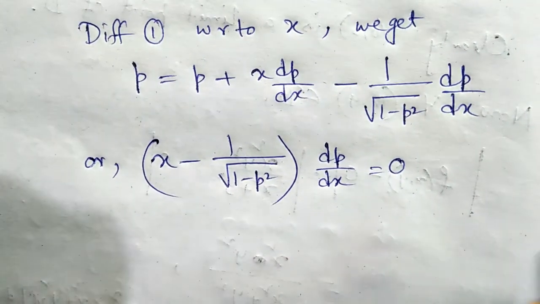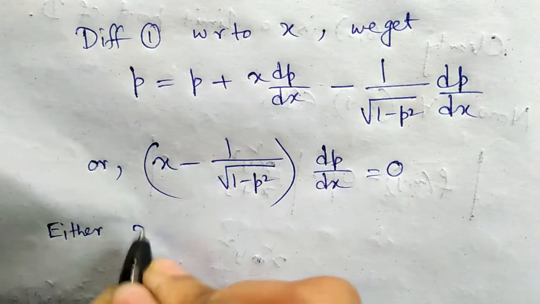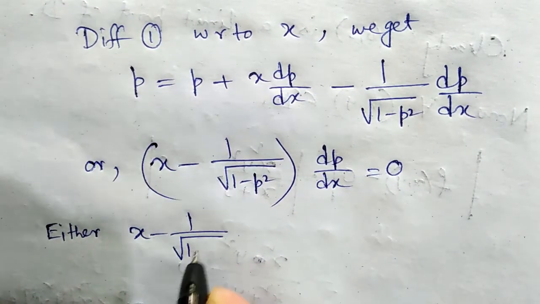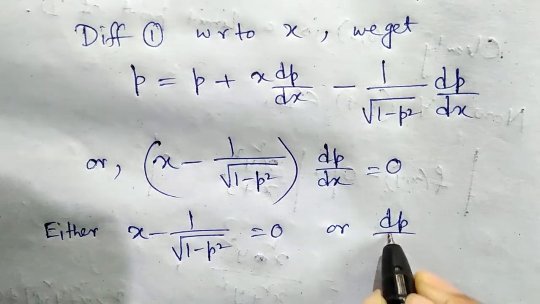From this we get either x minus 1 by root over 1 minus p square equal to 0, or dp/dx equal to 0.